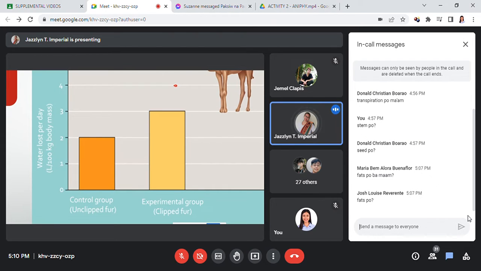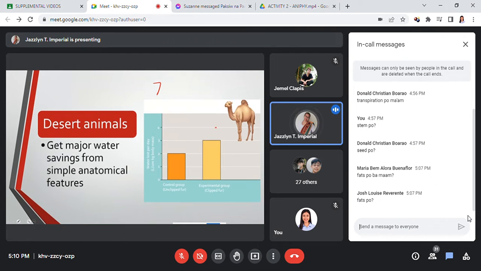So, the water loss was higher, of course. That is how anatomical features conserve or inhibit water loss in desert animals.